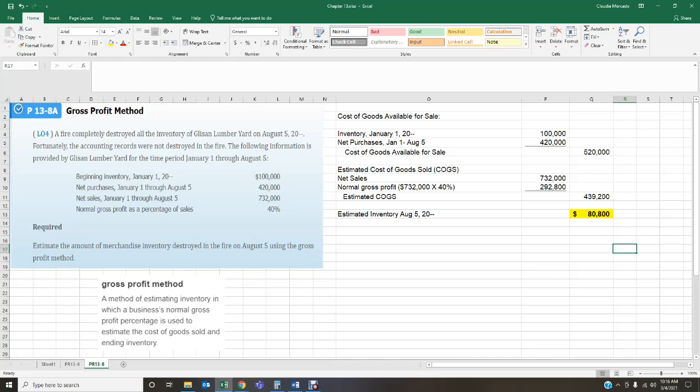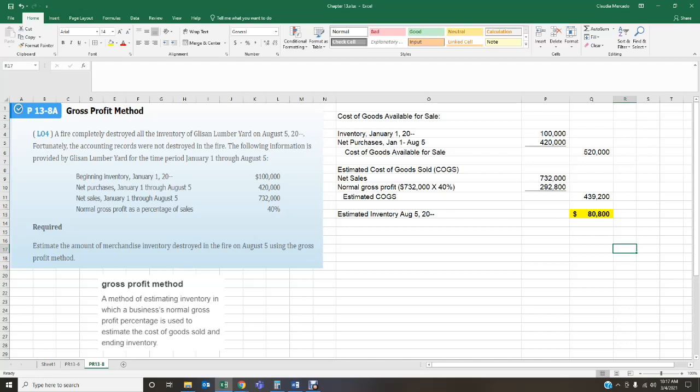So this is the calculation, very straightforward. First, you calculate the top section, your cost of goods available for sale. How much goods did you think you had in your warehouse based on your beginning inventory and your purchases? Then calculate your estimated cost of goods sold, and that is done by getting your net sales and subtracting your normal gross profit, which is a percentage that is calculated month over month, maybe, or week over week, depending on how the company works.